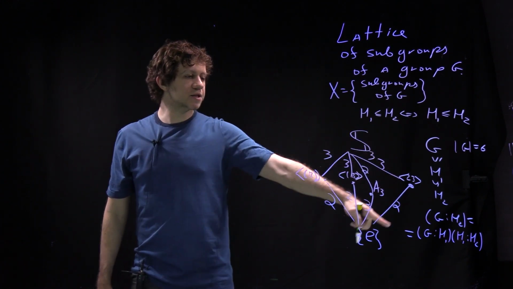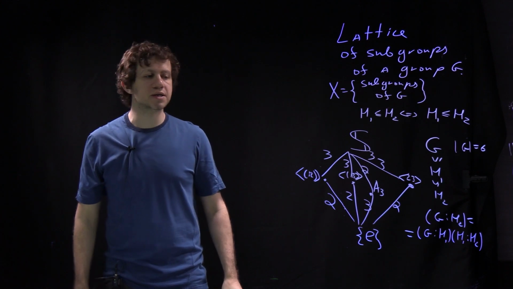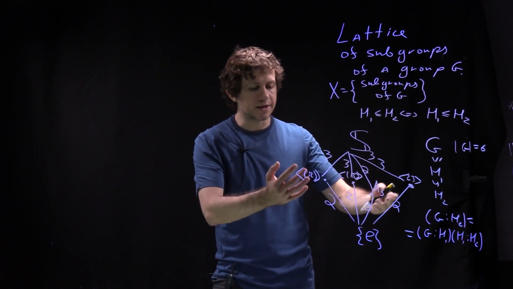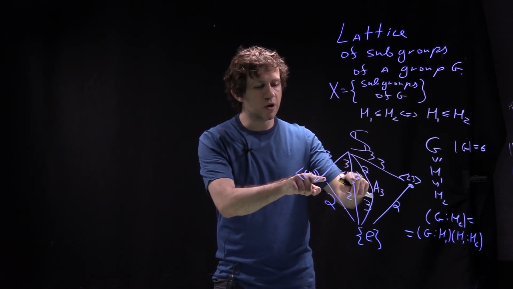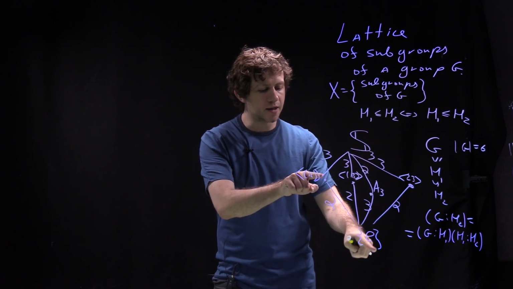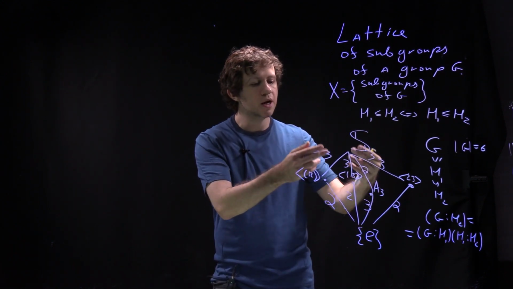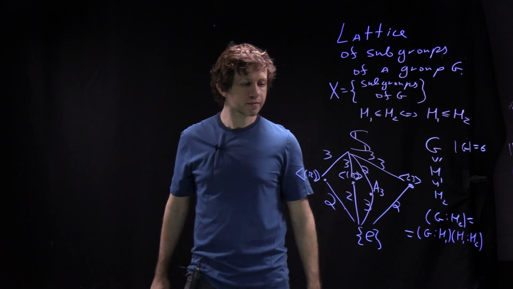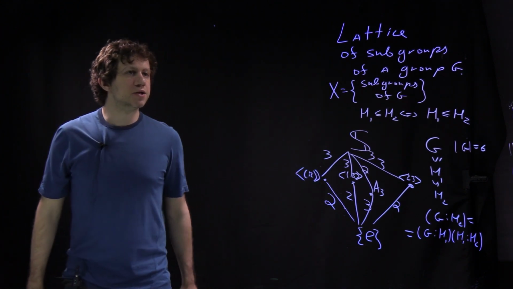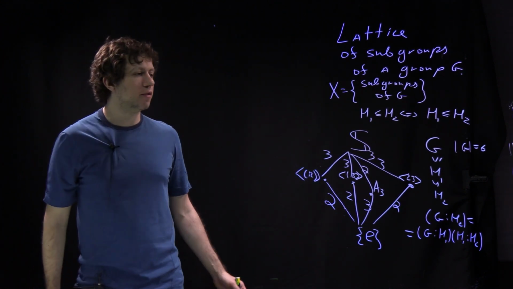So this is a lattice of subgroups of S3, and you can easily see that it's indeed a lattice in this example. For every two elements here, you can find an element which satisfies the axiom of infimum and the axiom of supremum. Okay, so what is in general the infimum of two subgroups?